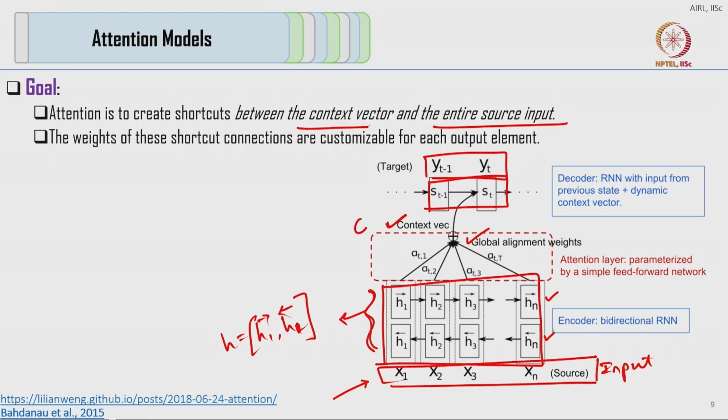Now, this is very intuitive in the sense that if we focus on the particular timestamp or the output yt, which has a hidden state st, we observe that it actually has inputs from all the previous timestamps directly.